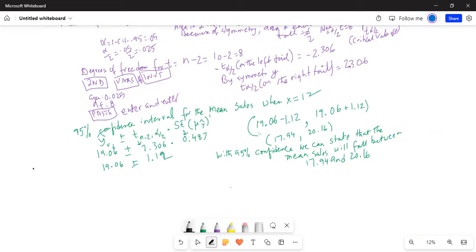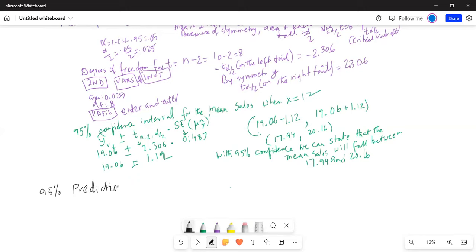Now we have to do the 95% prediction interval for the sales. So next thing we are going to do is the 95% prediction interval. This one was the confidence interval for the mean sales.